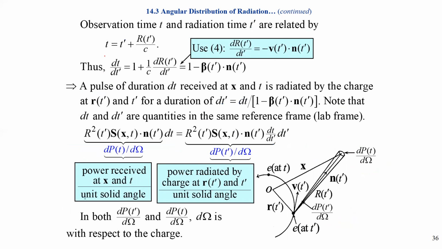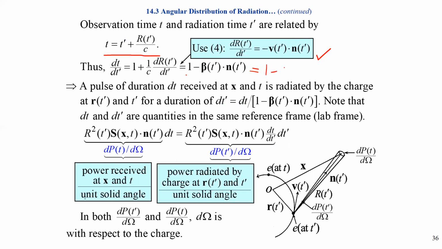OK, 这个我们刚刚已经讲过了。We just talked about this relation. Therefore, dt over dt prime is 1 plus 1 over c dr(t prime) over dt prime.